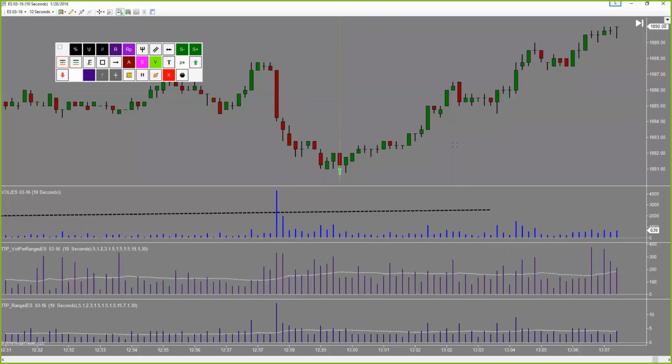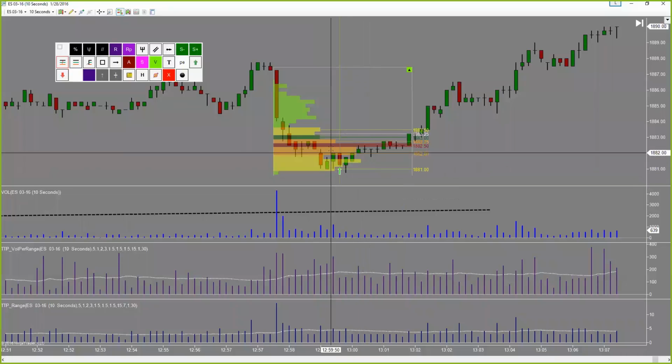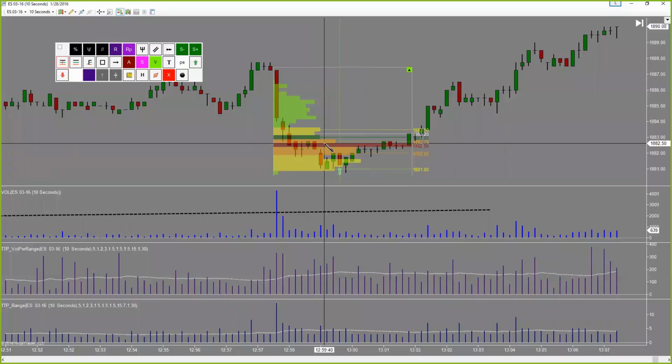But very often you'll see what we see here, which is a selling climax followed by a churn bar. And that's a pretty common pattern that we see. Okay, so the volume started stepping in right here at this level.